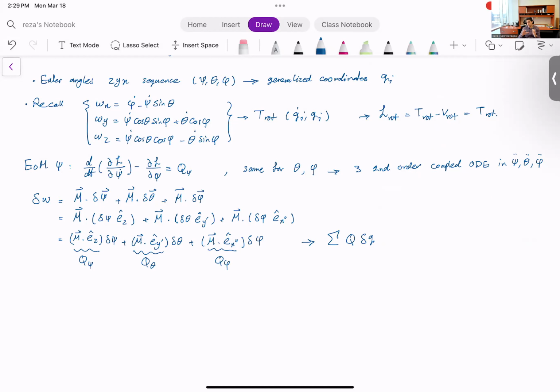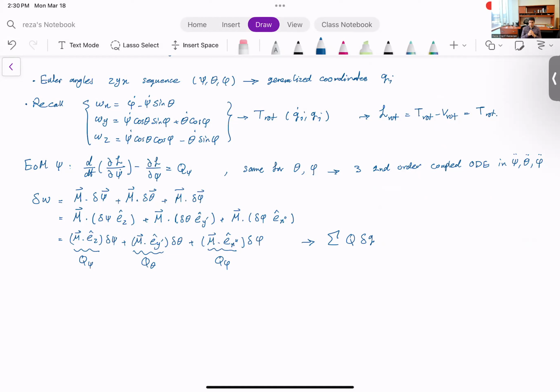So if I have these external moments, essentially the generalized force associated with that particular direction is the net external moment along that direction. So that is M dot these unit vectors.